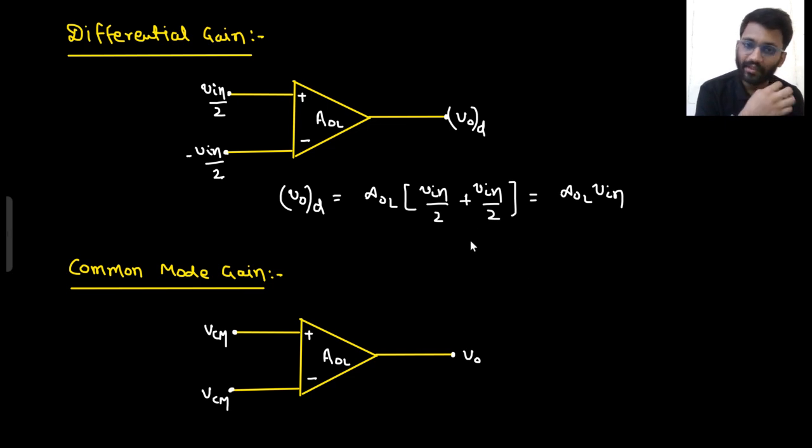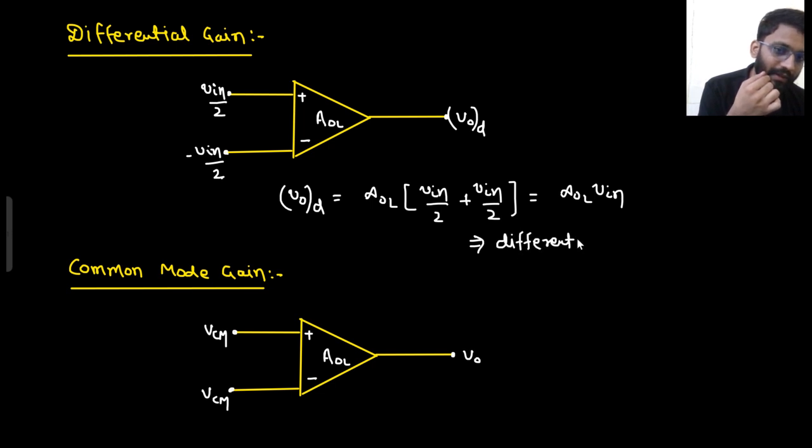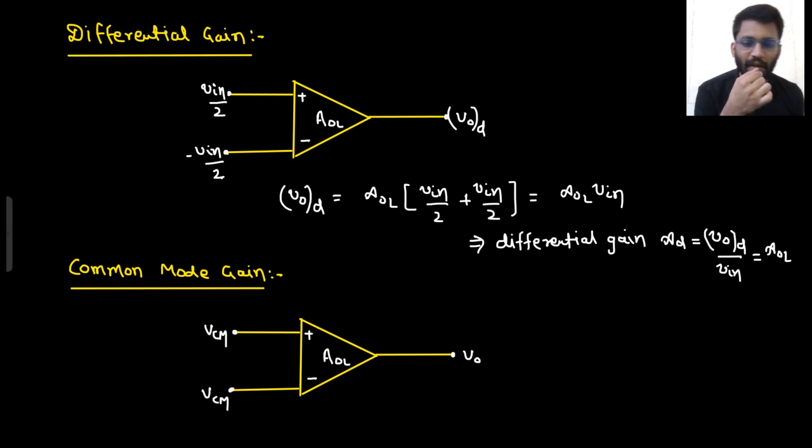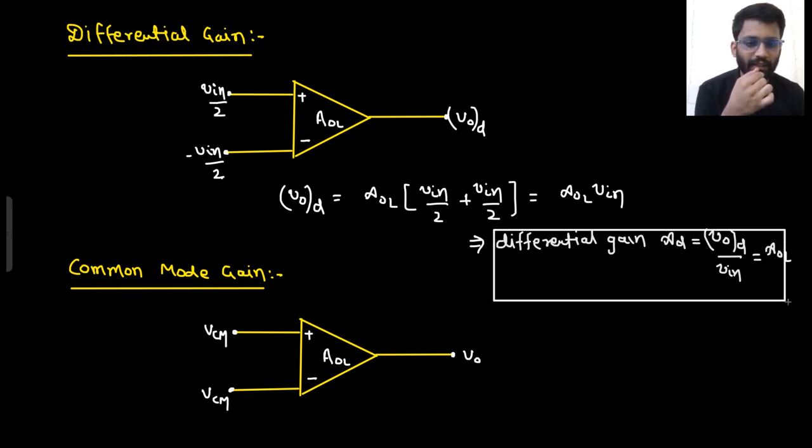This is what you are getting. So what will be your differential gain? I am showing differential gain as AD. That would be V naught D divided by Vin, and in this case it equals AOL. So this is your differential gain.